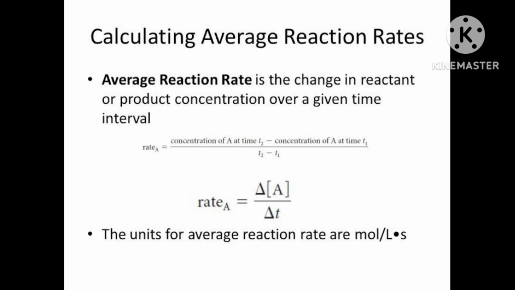But if you want to know at a particular time, suppose you want to know at 56 seconds, 102 seconds, 105 seconds, 140 seconds, an exact, particular, fixed second, then at that time what is the rate? That is called instantaneous rate.